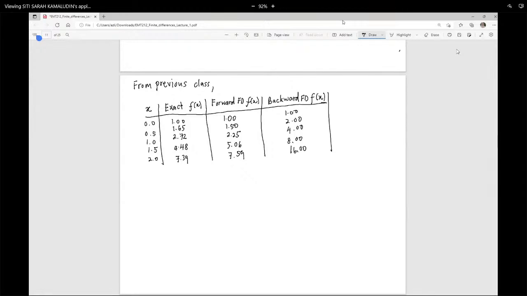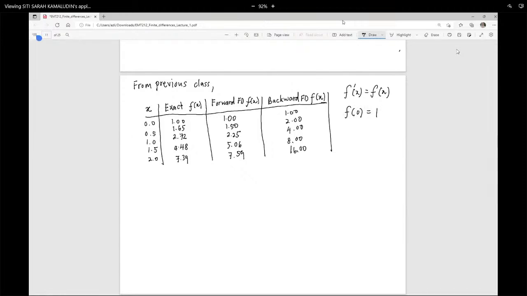Okay. Let's continue with our class. So from previous class, right, we find the solution for this derivative, right? F prime x is equal to fx, and we have the initial condition f0 is equal to 1.